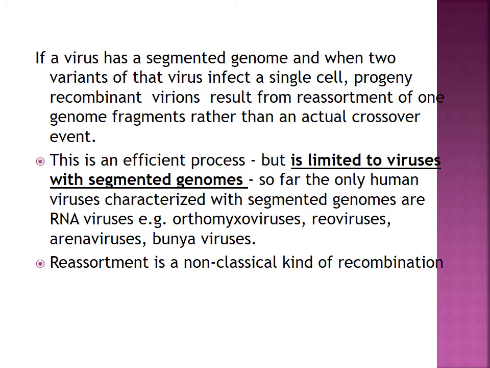This is an efficient process, but is limited to viruses with segmented genomes. So far, the only human viruses characterized with segmented genomes are RNA viruses, such as the Orthomyxoviridae family, reoviruses, arenaviruses, or Bunyaviruses.